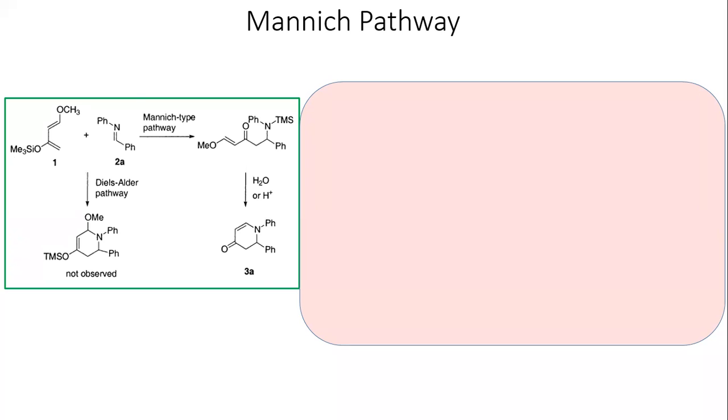But instead of reacting this with an aldehyde, like you would do in an aldol, you actually react it with an imine, right? And so this enol is going to attack the imine and give you this alpha-beta unsaturated amino ketone, which is here, right? And then when you treat this with water or some proton source, it actually cyclizes.